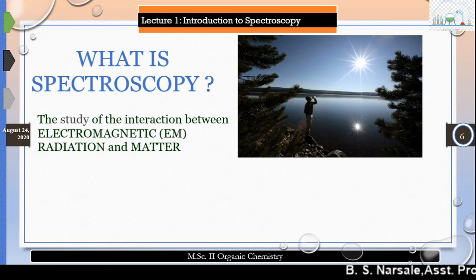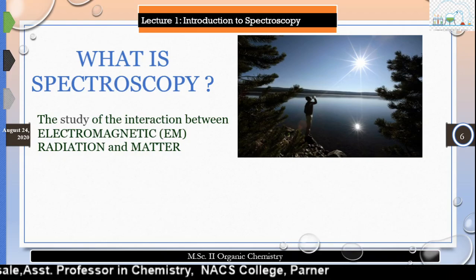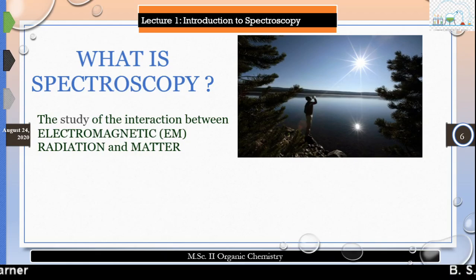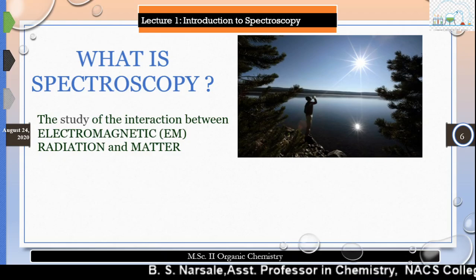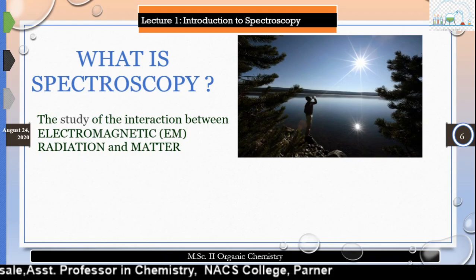We call this radiation electromagnetic radiation, and the object is nothing but matter. Then there are some interactions between this matter and the radiation, so if you study these interactions of the matter and the radiation, it is called spectroscopy.